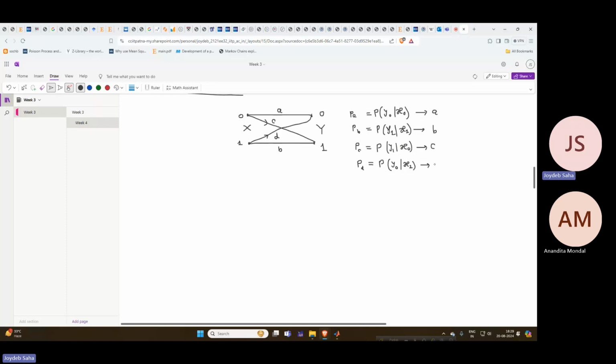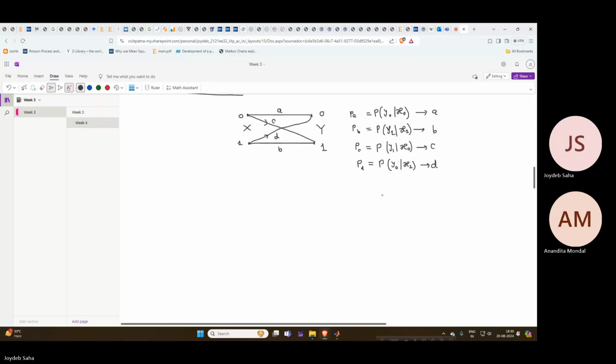This is for event D. Okay, where x0 denotes that input x is 0, and x1 denotes that input x is 1. Similarly, y0 denotes that output y is 0, y1 denotes that output y is 1.